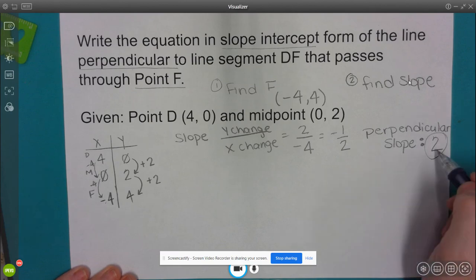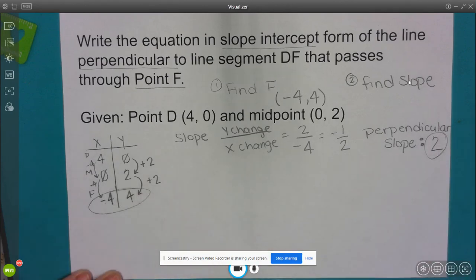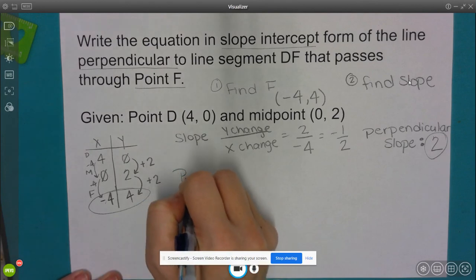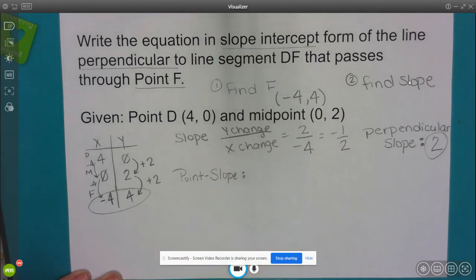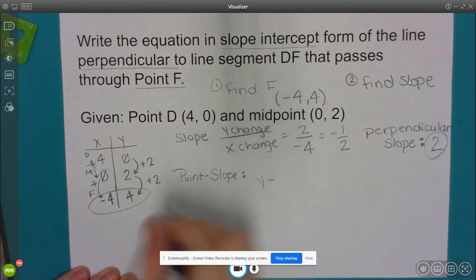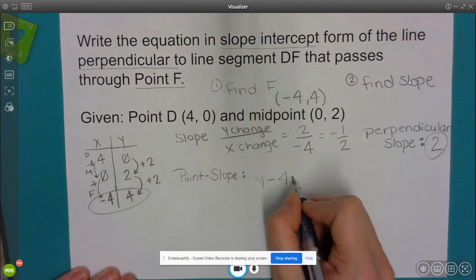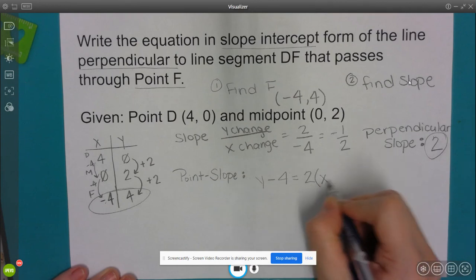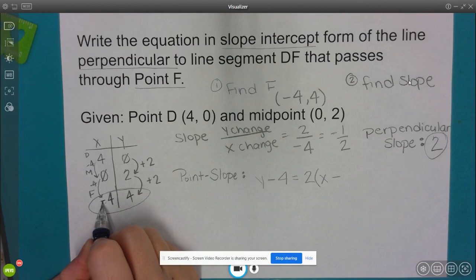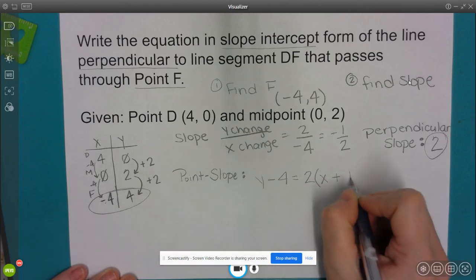So now I have to use 2 and F to get myself to slope-intercept form. I can't get there yet because all I have is a point and a slope. So I need to do point-slope, and then tweak it to get slope-intercept. So I'll have y minus my y value of 4 equals my slope times x minus my x value, but I'm subtracting a negative, so it'll be plus.